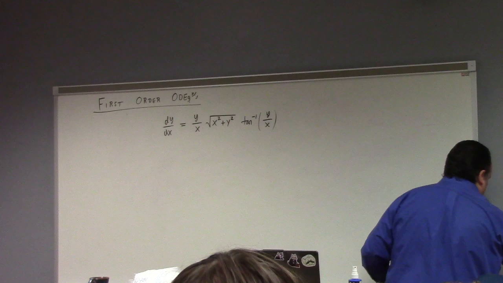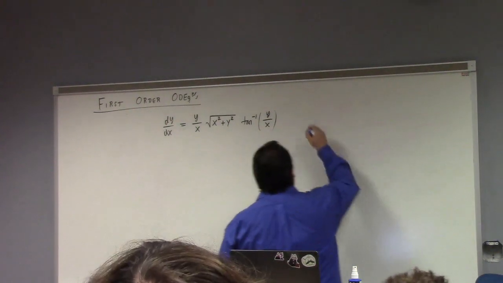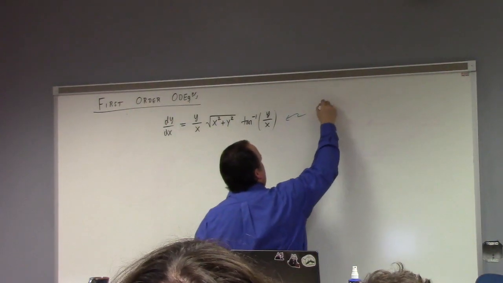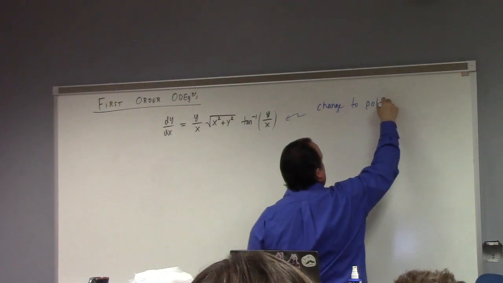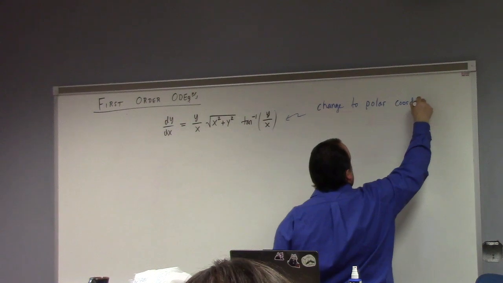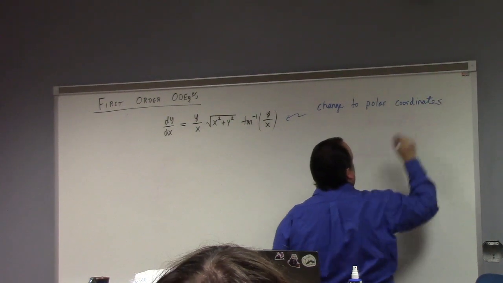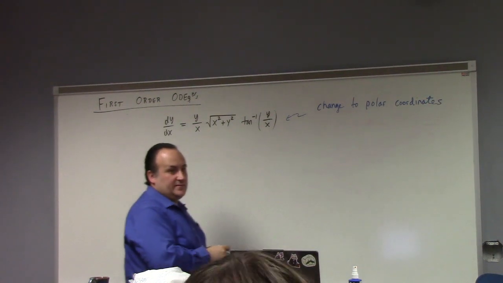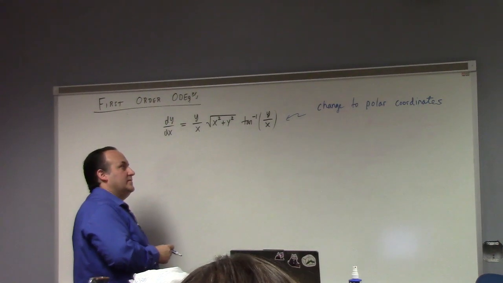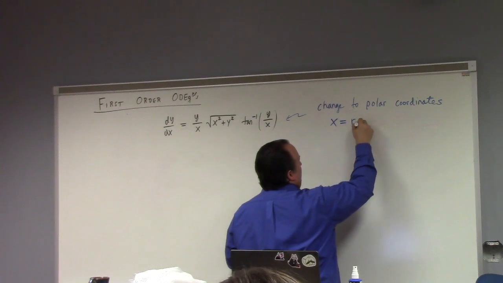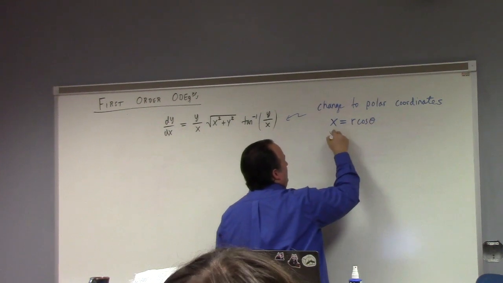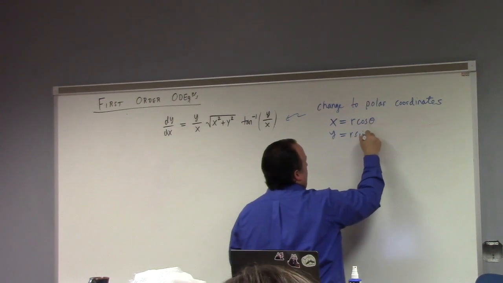I think this differential equation should be, maybe if we change to polar coordinates, things may go better for us, right? So some of that's easy. Here are the rules of the game: x equals r cosine theta, y equals r sine theta.